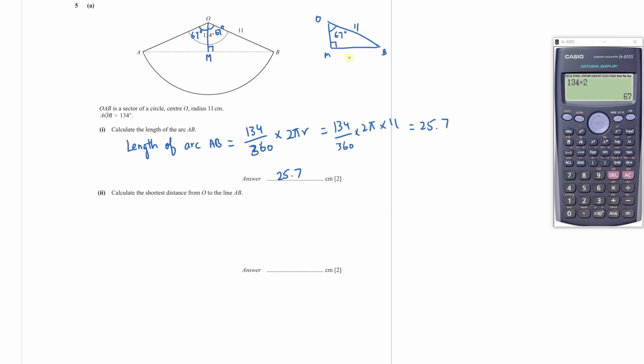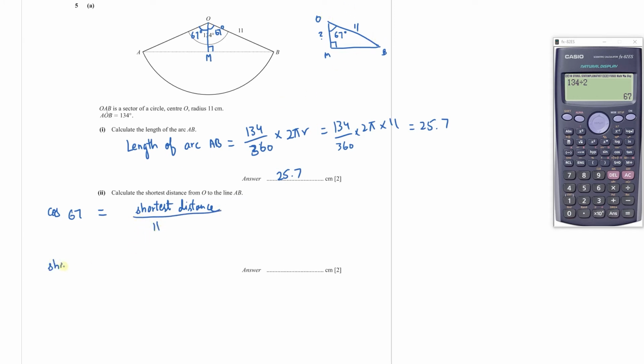So I need to calculate this length OM. This shortest distance is the base if I'm looking at this angle, and this is the hypotenuse. So I can use cos of 67 equals this shortest distance over the hypotenuse, which is 11.